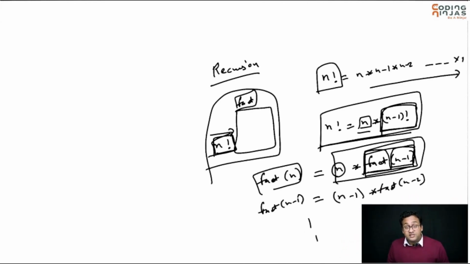This way we are reducing the size of the problem one by one till it becomes absolutely trivial. And when we reach that trivial case, we will just return the output and we will not call recursion after that.